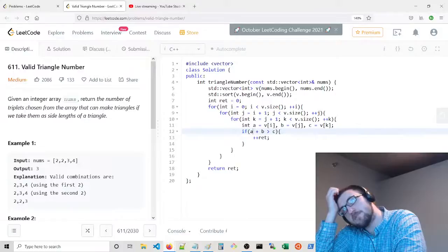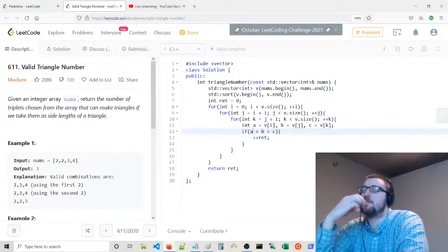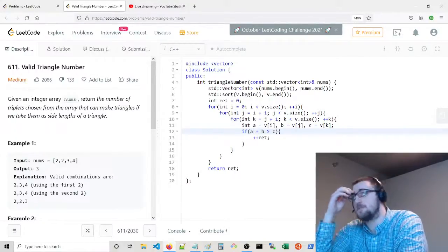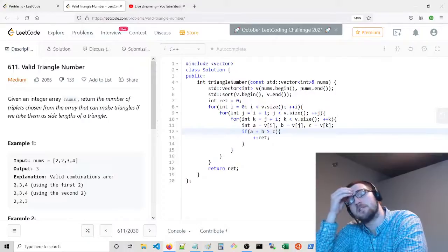Do a lower bound on A plus B from B plus 1 to A plus B, and subtract 1. Actually, you could do A plus B minus 1 and do a lower bound. I think that's the way to do it.